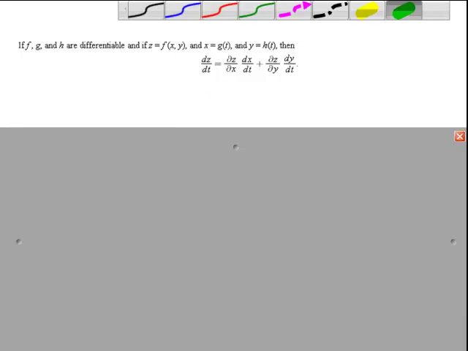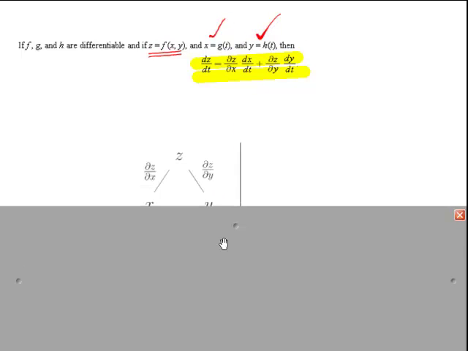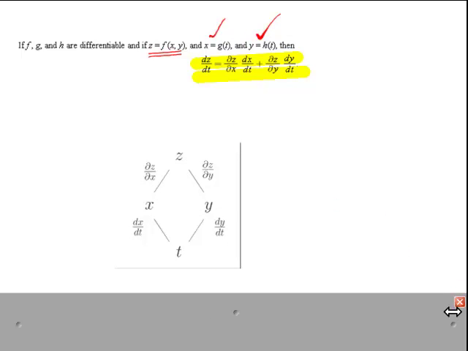Okay, so now we're going to build this up a little bit. So first of all, this is what we have right now, and this is when we've got a three-variable, or three-dimensional, system, where both my independent variables are a function of one variable, in this case time. And we can think about drawing a little bit of a map here.